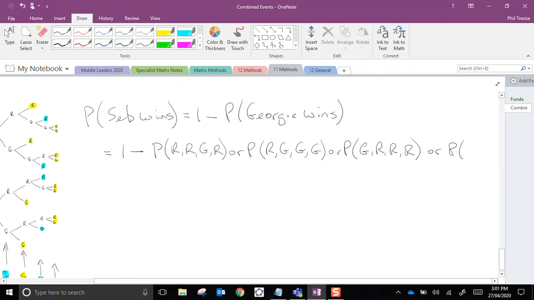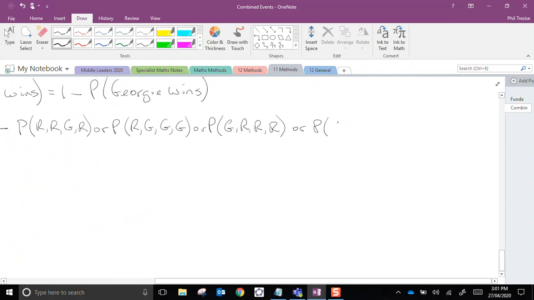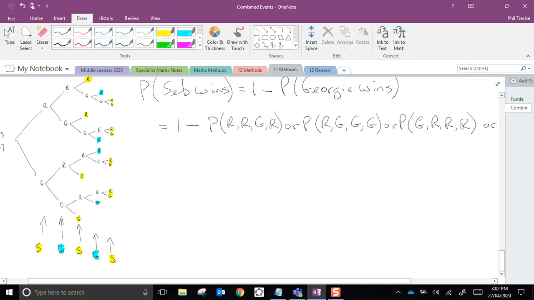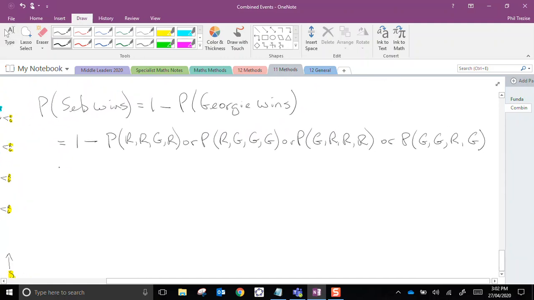Or what's the last one? The last one is green, green, red, green. I think that was it. Now that looks like a lot less work to me. And I probably should make a note that all of these things have to be added together before subtracting them from 1.